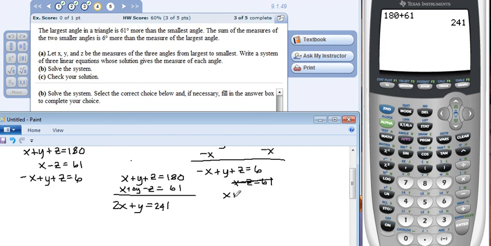Scratch that. Let's put the placeholder in there. 0y minus z is equal to 61. And then I've got minus x plus y plus z is equal to 6.